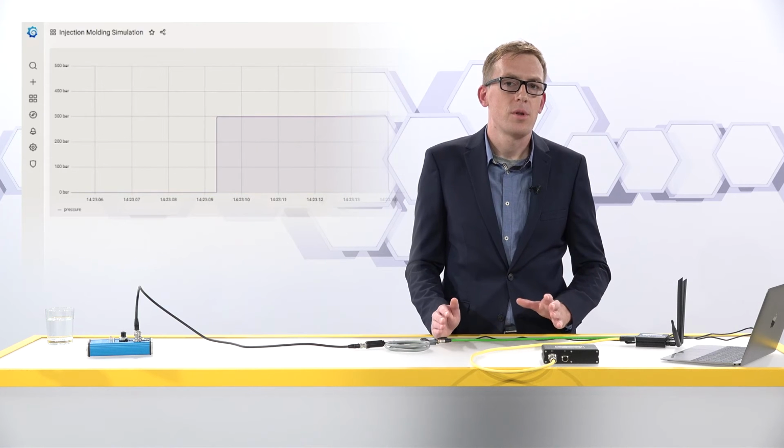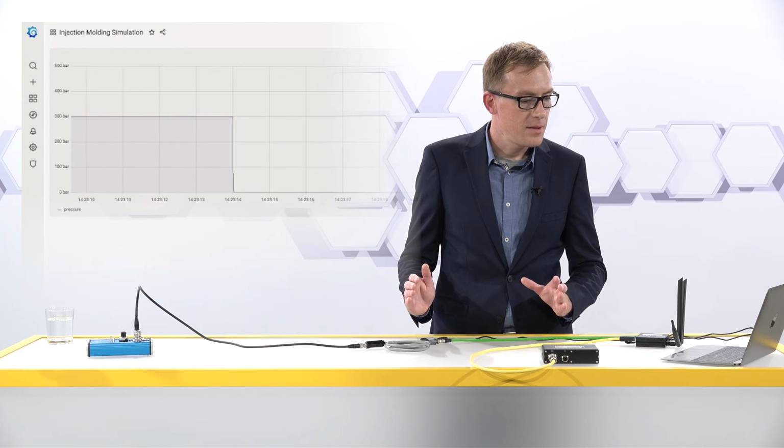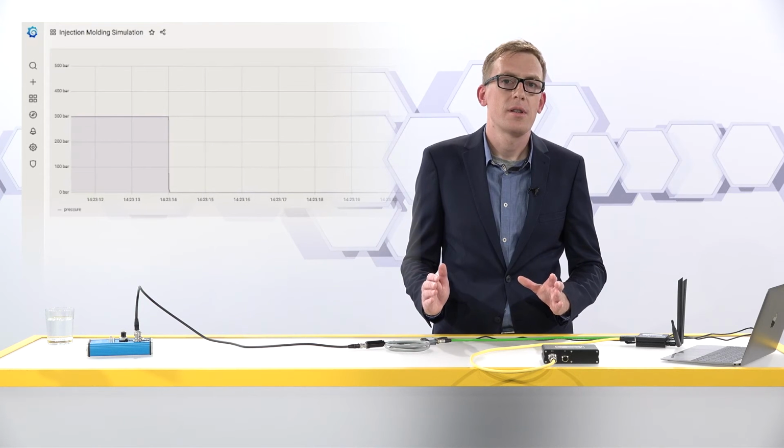This is basically a simulation of the process, where we see a usual application of this in the field. Usually, to detect whether this is a quality-assured product and the product is good enough, there is a defined minimum in a time window. The value should not be below this minimum, and usually also not above some maximum.